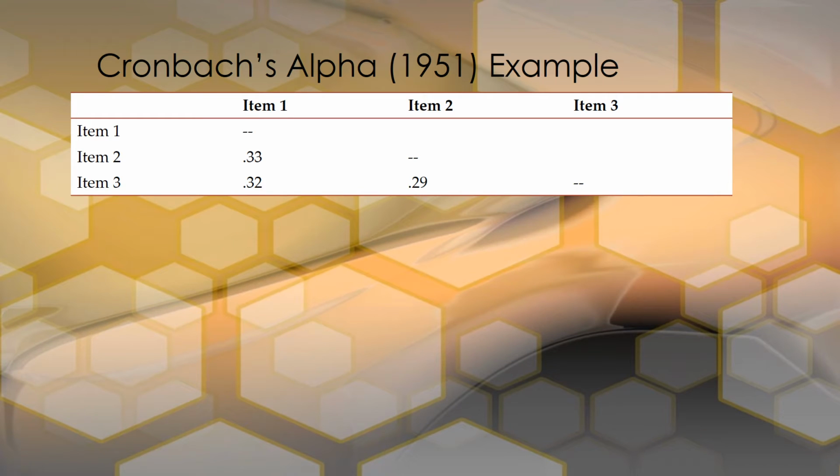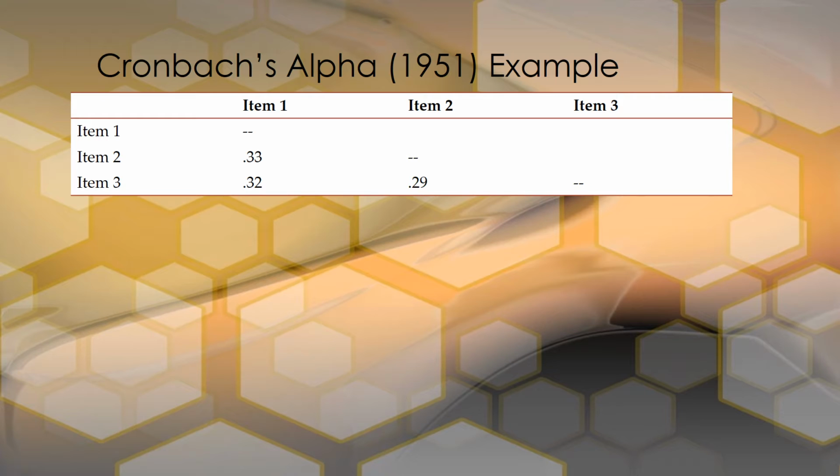So here we have a correlation table. This is normally what we will have. So we have 3 items for this example, and so the correlation between item 1 and item 1 doesn't make sense, so that's why it's not there.